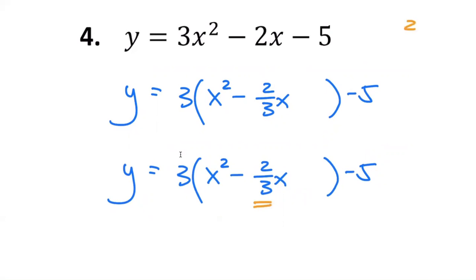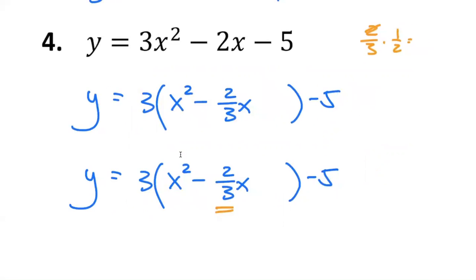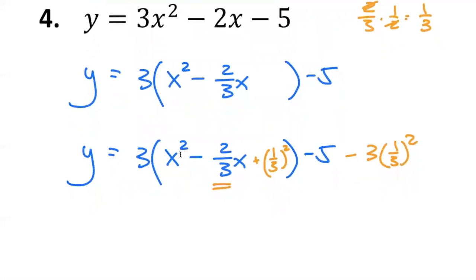So I'm going to work it on the side. Dividing the number by 2 is the same thing as saying times it by 1/2. So you reduce it, actually, you get 1/3. Okay, so plus 1/3 squared minus 3 times 1/3 squared.